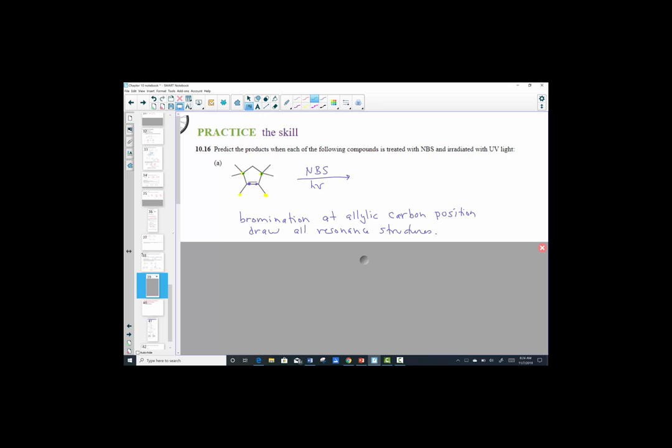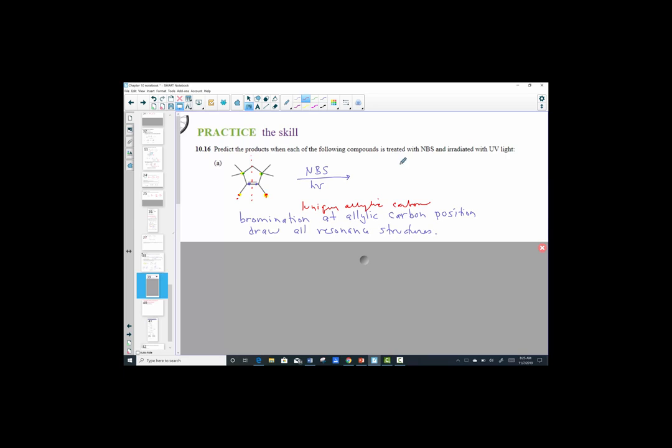There's no CH bond to break. Between these carbons, they are indeed the same. There is a plane of symmetry in this molecule, so these two carbons are exactly the same, so we only have one unique allylic carbon. There. One unique allylic carbon, and that is the site at the end of the methyl group.